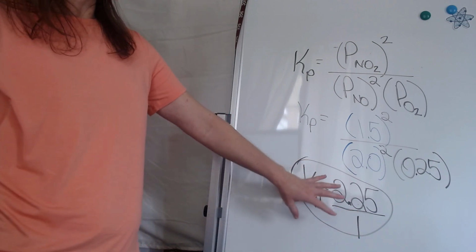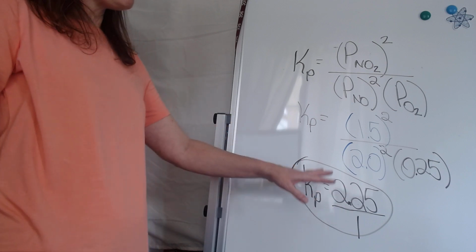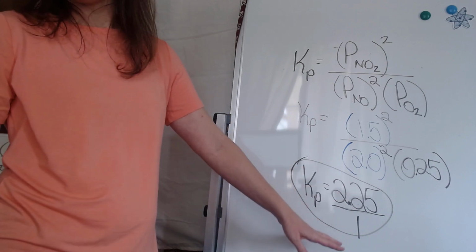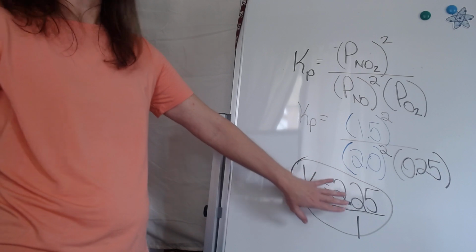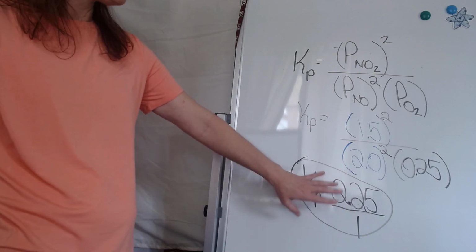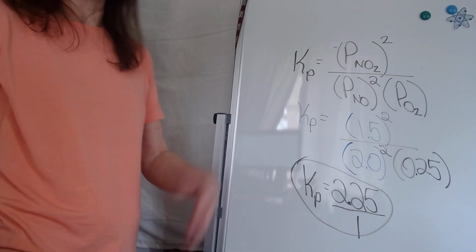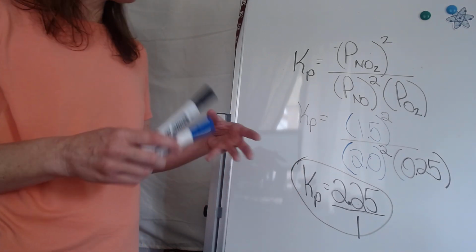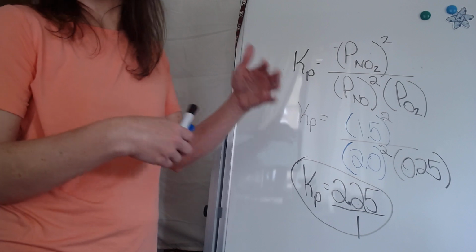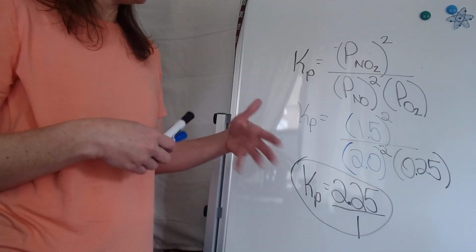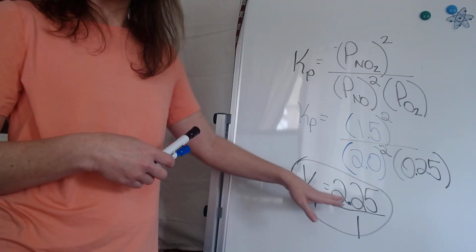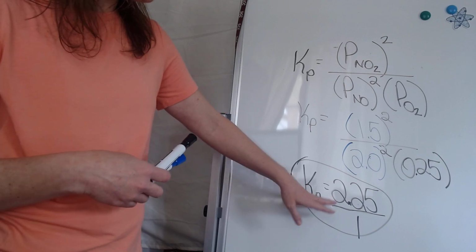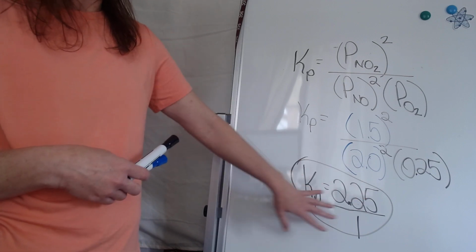And so at equilibrium, there's just a little bit more product than there is reactant, or you could say there's about equal quantities of both, because this 2.25 is neither large nor small. It's close to 1. The closer it is to 1, the more equal those concentrations are at equilibrium. So this here, 2.25, is your K sub P.